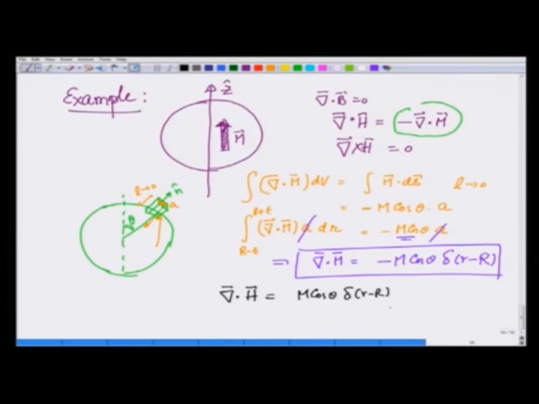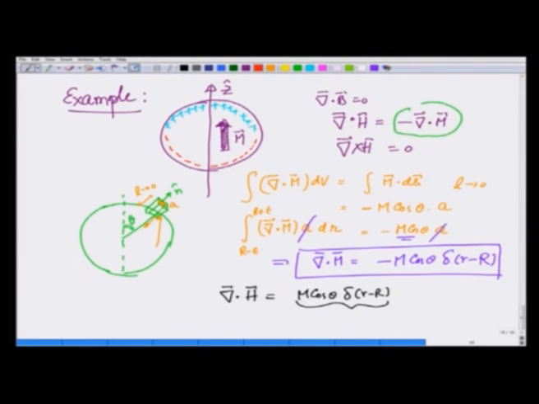And what does it become? This becomes like the surface charge on the surface at small r equal to R, positive on the top and negative at the bottom, because at the top cosine theta is going to be positive. And therefore, this becomes like positive charge on the top with the cosine theta dependence and negative charge at the bottom with a cosine theta dependence.